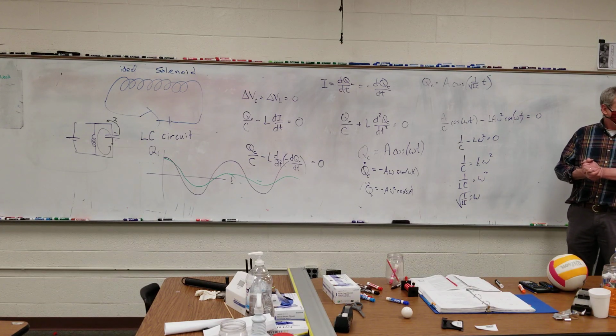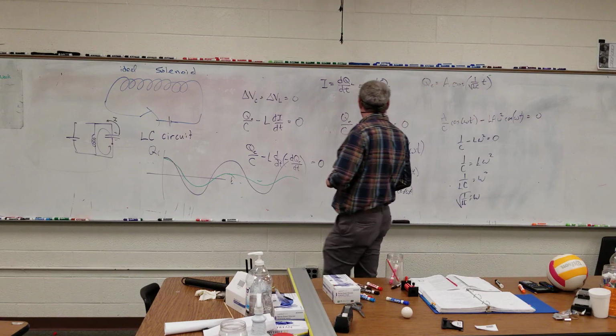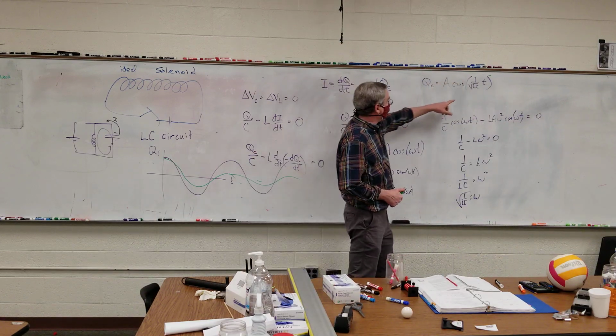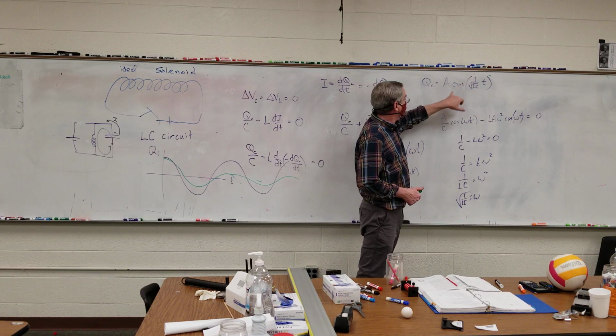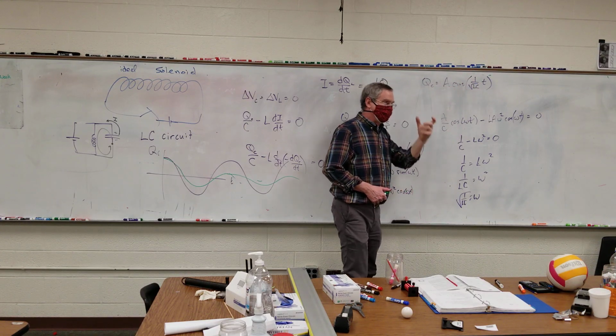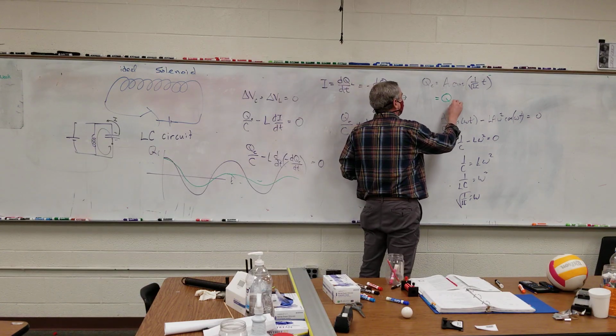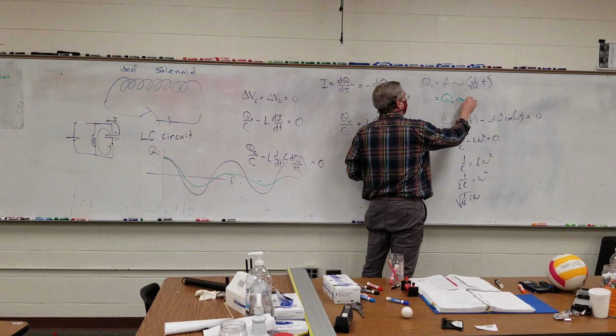What would the A represent? The max charge? A would be, yeah, it would have to be, because when time is 0, that's 1, and so we'd have Q_C is equal to A. So it's the max charge.